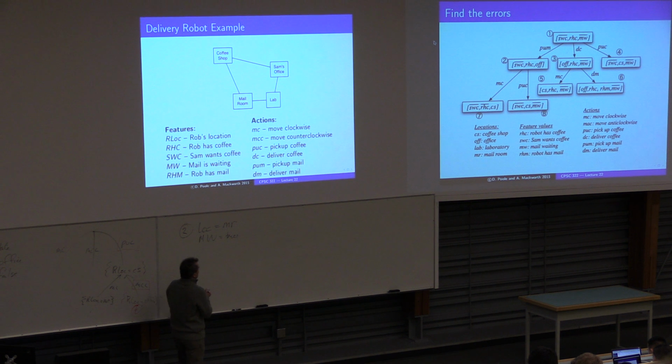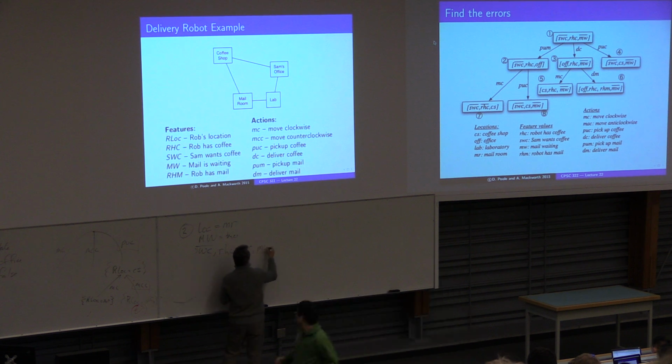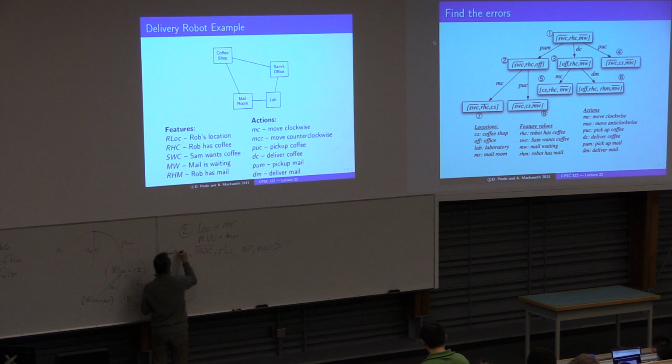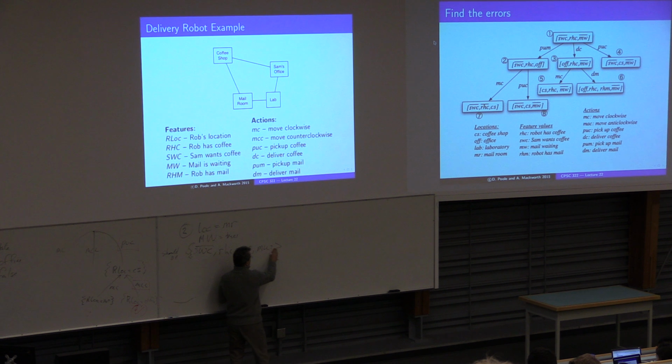So the second one should be Sam does not want coffee, robot has coffee, I want the mail room and I want mail waiting. That should be 2. Let's write it as a set. 2 should be this.